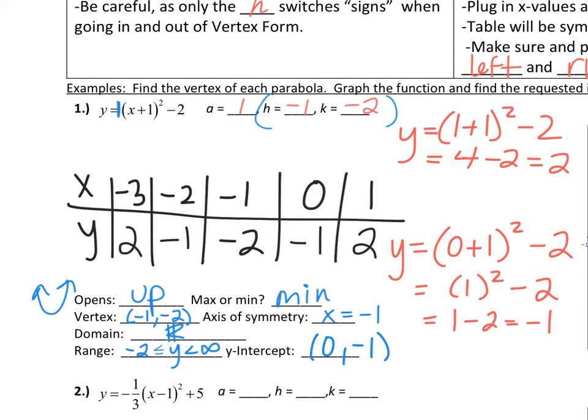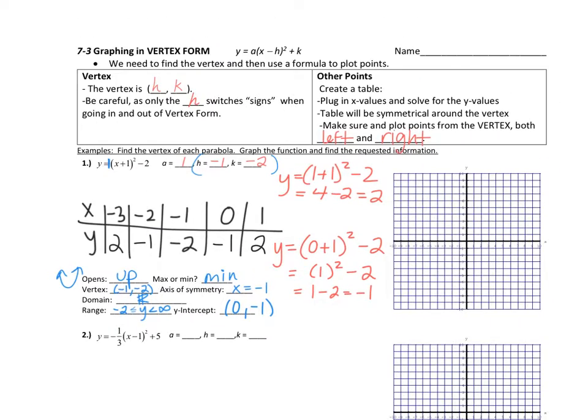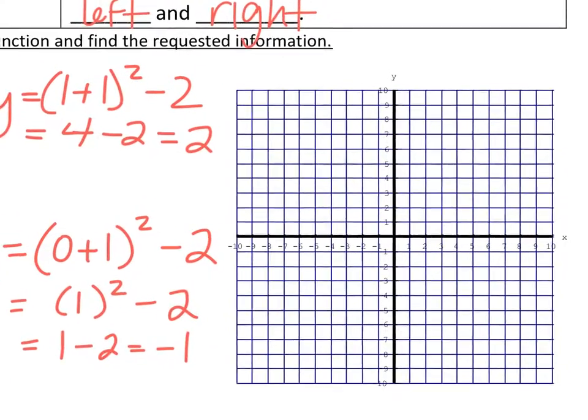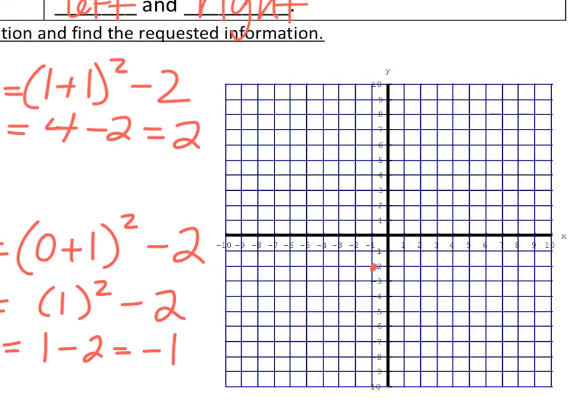If for some reason it was not in your table, then you could graph it and see what point it is, but I would prefer an exact value. So go ahead and graph those points now. Make the parabola. Remember, parabolas should be rounded. They're not straight lines, they're curved. So negative 1, negative 2. 0, negative 1.